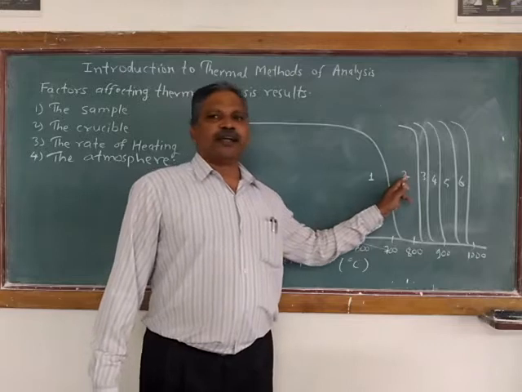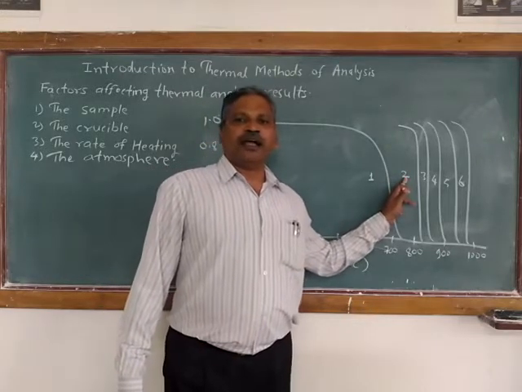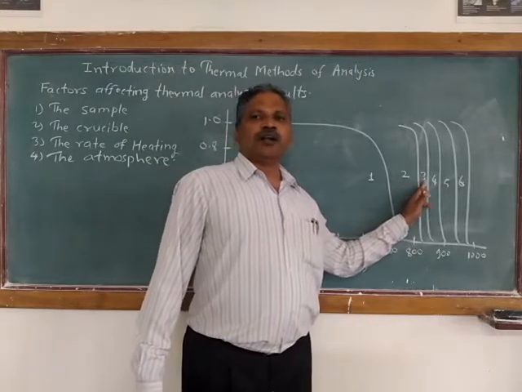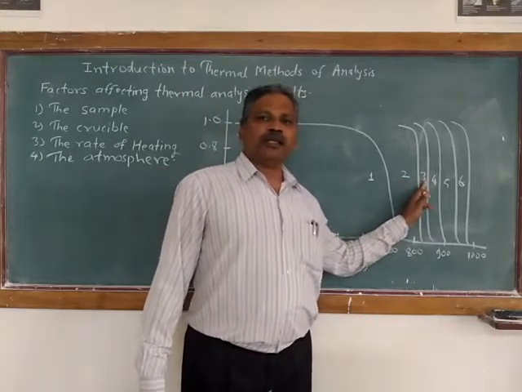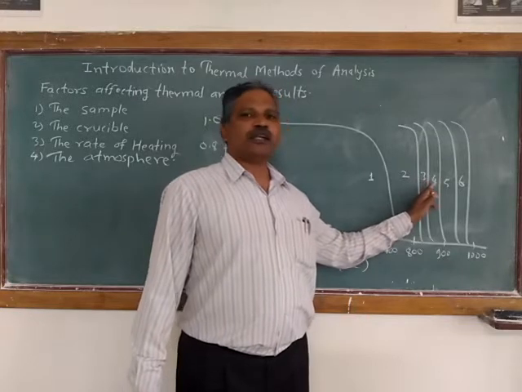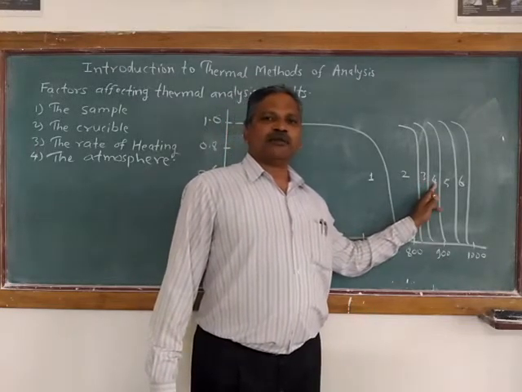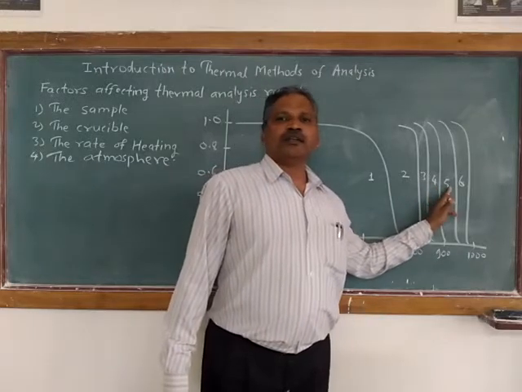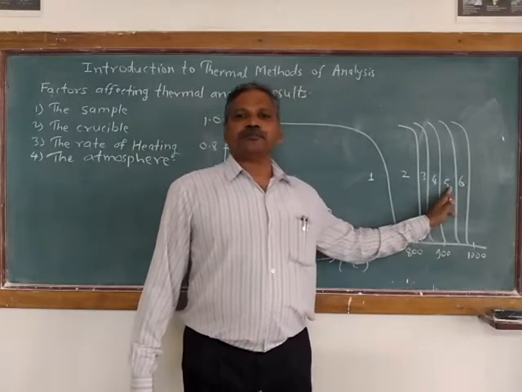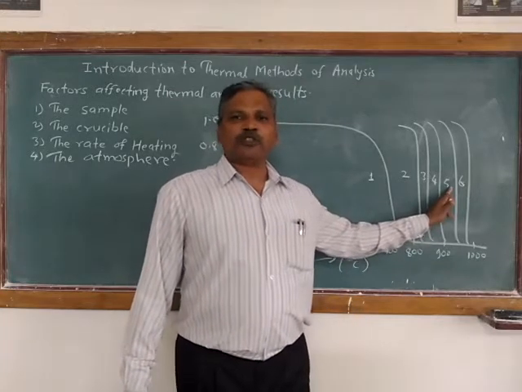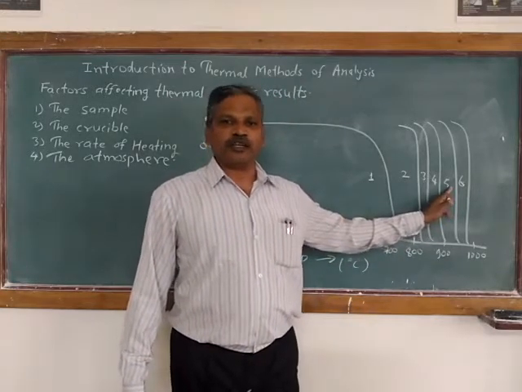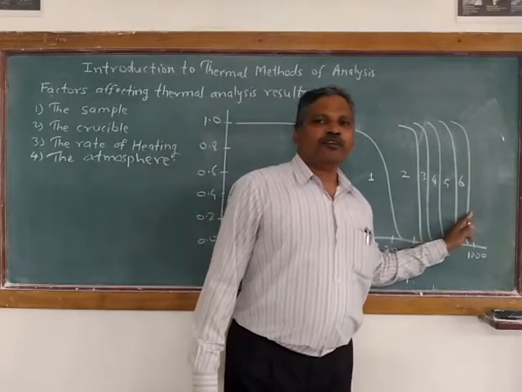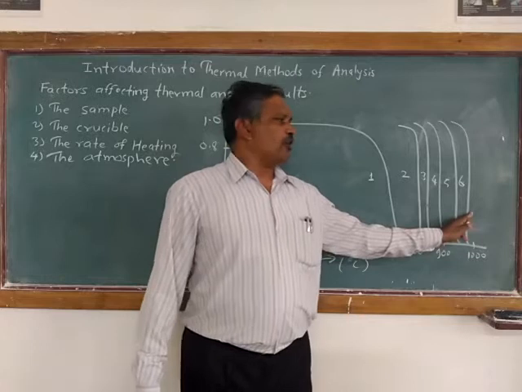The second curve is obtained at 0.1 atmospheric pressure of carbon dioxide, the third at 0.3, the fourth at 0.5, and the fifth at 0.7 atmospheric pressure of carbon dioxide. The sixth curve is obtained at 1 atmospheric pressure of carbon dioxide.